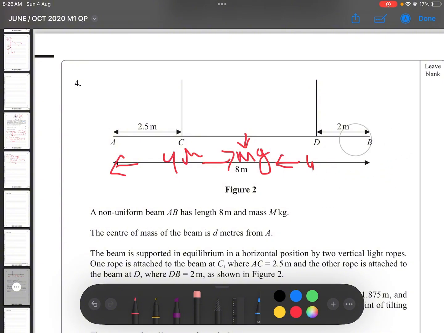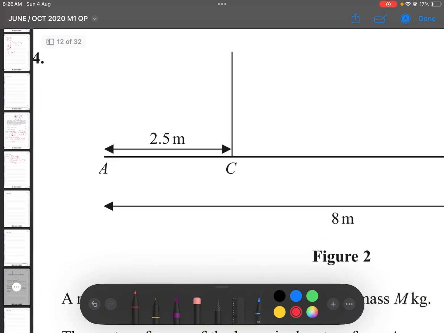But now the case is different. It could act either here, here, or here. It could act anywhere. So for now, first let's draw out our diagram to write everything down.